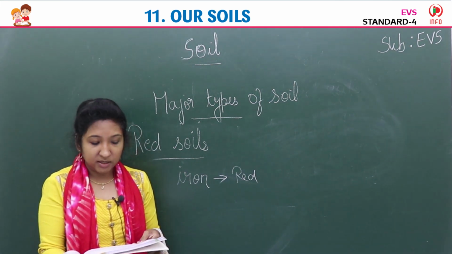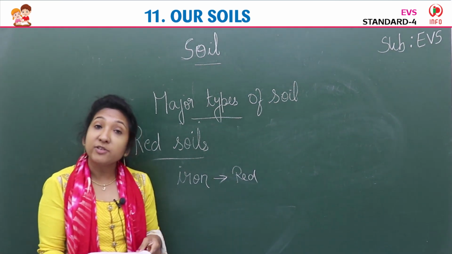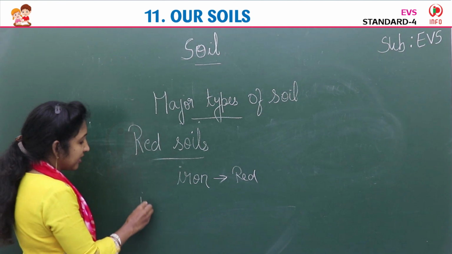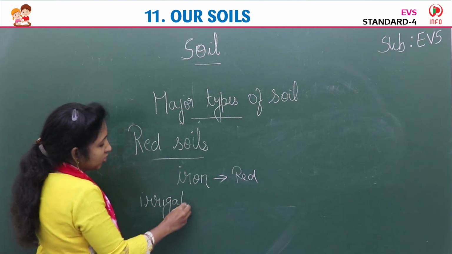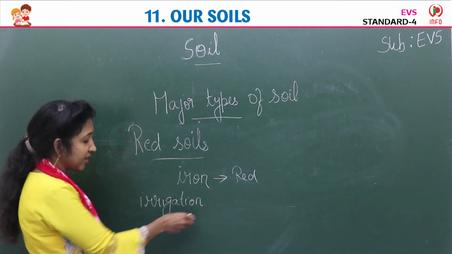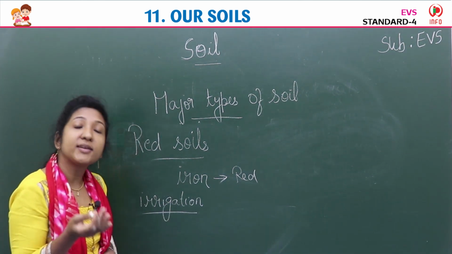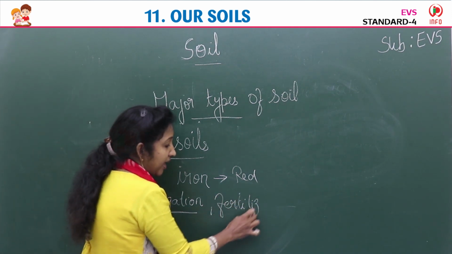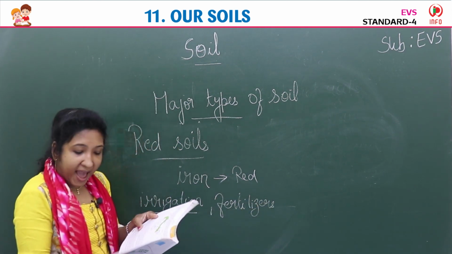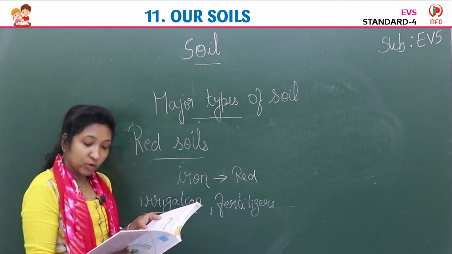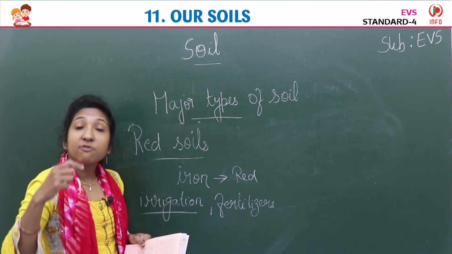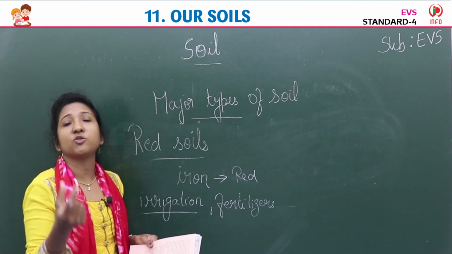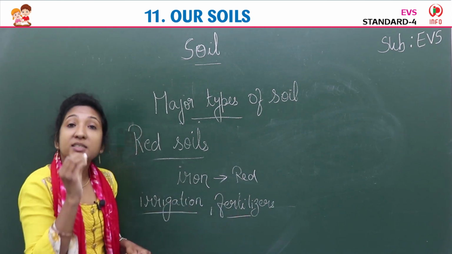But these have the capacity to grow good crops after taking help of irrigation and fertilizers. Irrigation means supply of water. If we give a good supply of water, good water facility, and fertilizers, which are natural substances we add to the soil to increase its fertility, to improve its quality.